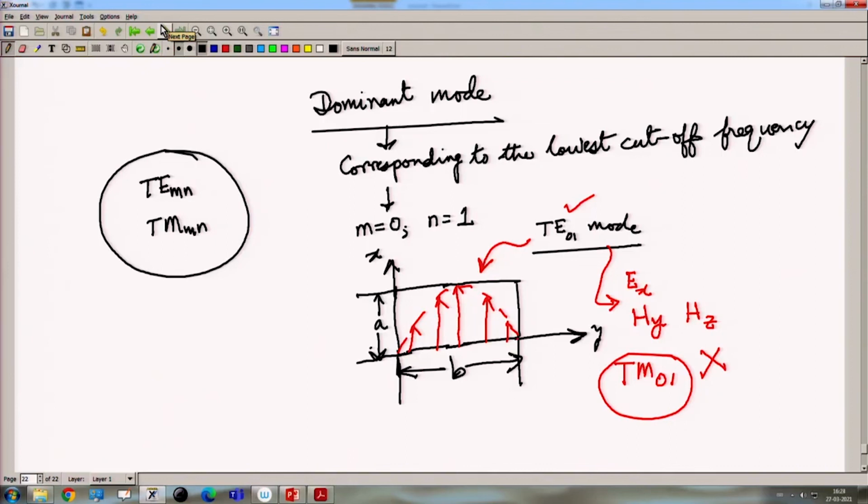The field distribution of the TE01 mode has a uniform strength of the field along the x direction, because the field strength is invariant along x, because the variation along x is 0.